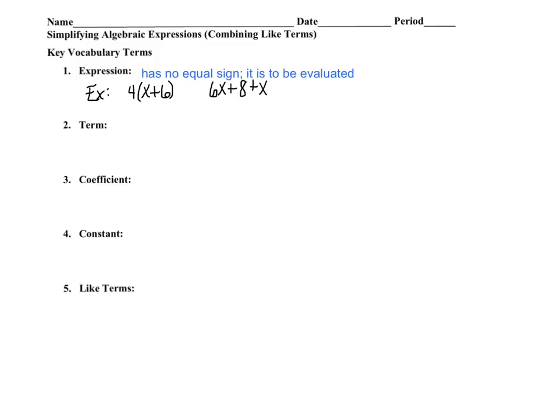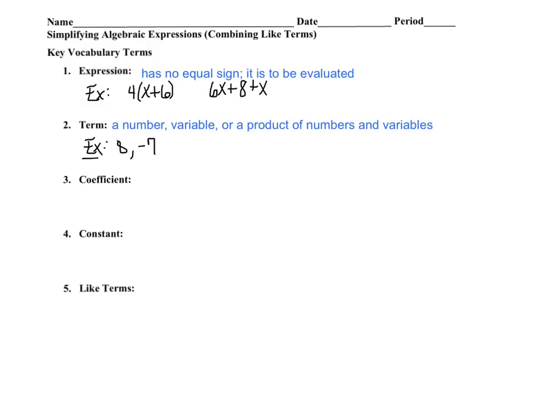Our next vocabulary term is the word term. A term is a number, variable, or a product of numbers and variables. For example, a term could be any number, such as 8 or -7.